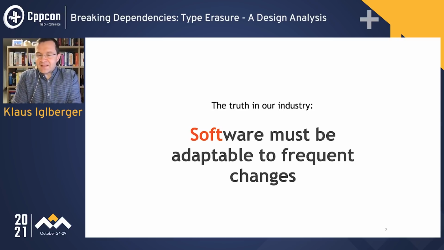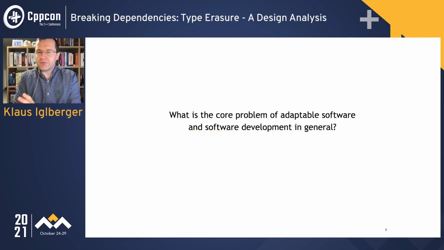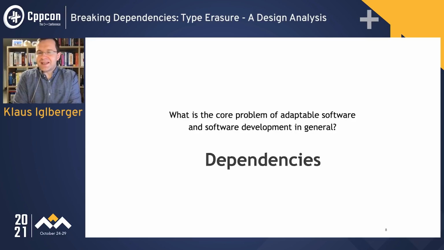However, it's not that simple. If it were, it probably would not be that interesting. It's often very hard to change things, and these difficulties very often lead back to dependencies between software entities. Dependencies make you apply a change, but then change something else, and perhaps something else again.